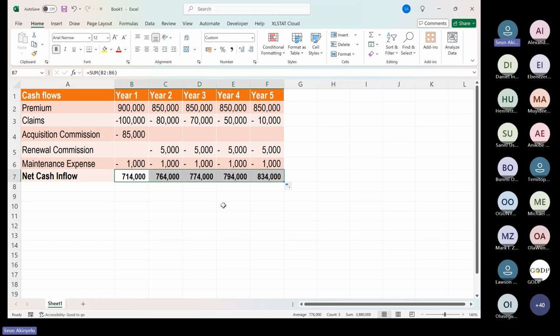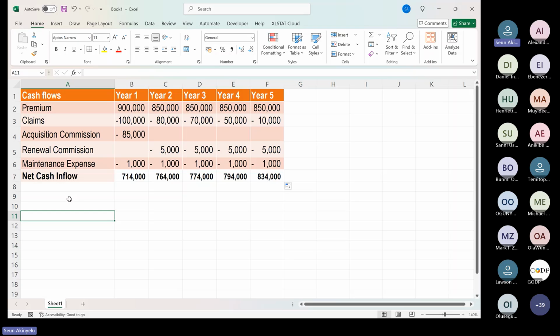We are going to take it step by step so that I don't bring in probabilities yet. I'm assuming that for this 5-year contract, this is what we think we will get, and this is what we think we will spend from today. So it is in period 0 or year 0 that we are making this estimation.